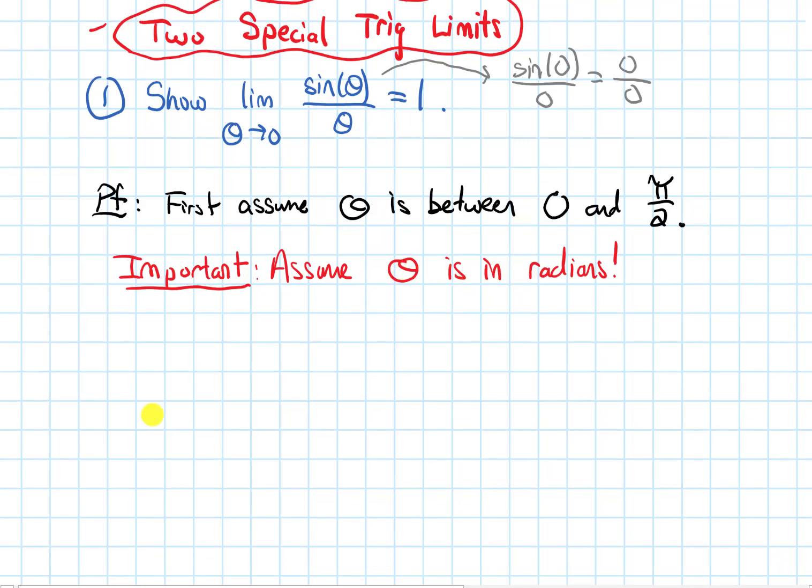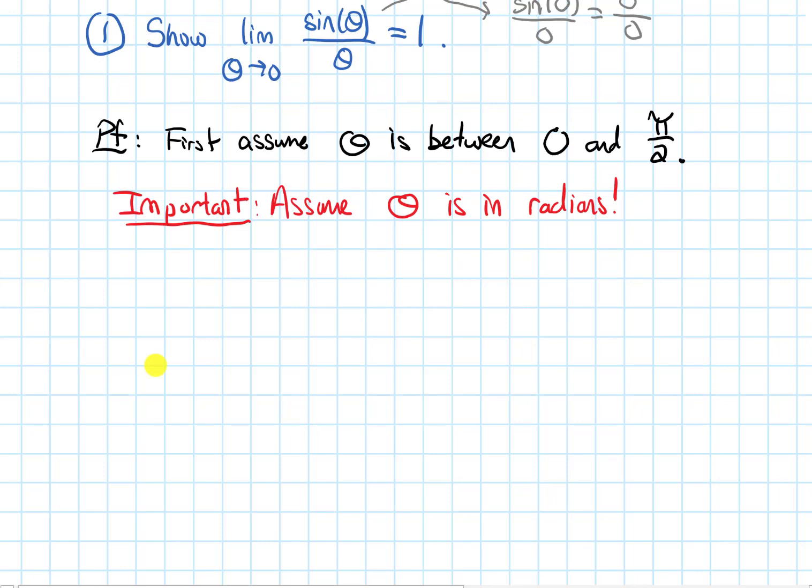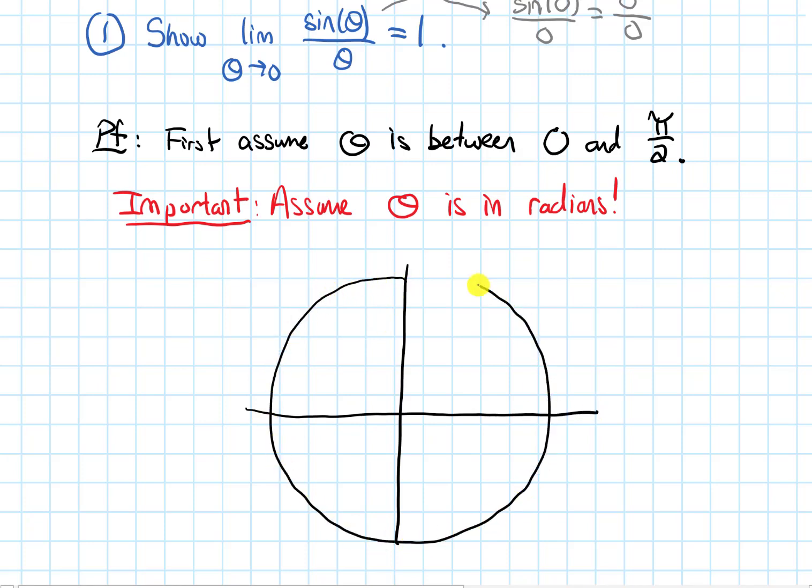Okay, so what I'm going to do is now I'm going to draw a picture. So I'm going to draw some axes, and I'm going to make a unit circle. I'm going to label the origin as O, and I'm going to make a line like this, and I'm going to call this angle theta. And now I'm going to do a few things. So at this point right here, I'm going to drop a perpendicular straight down to the x-axis.